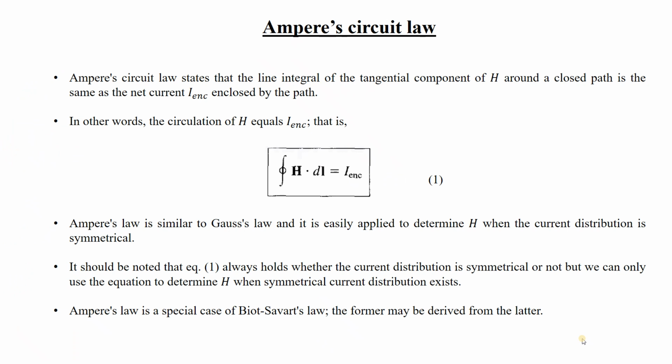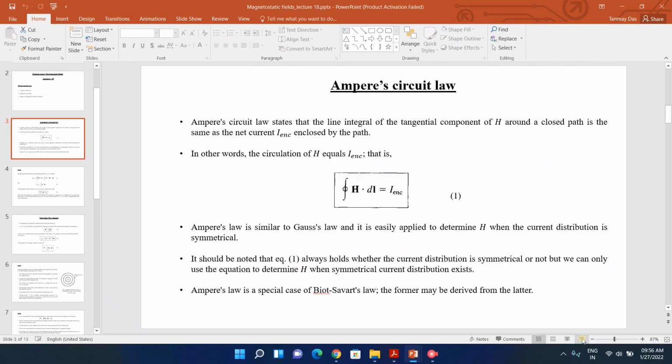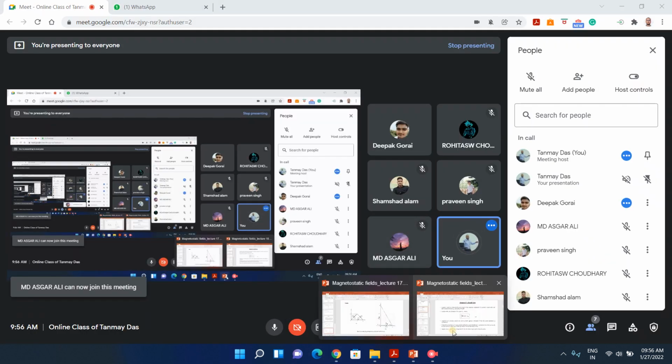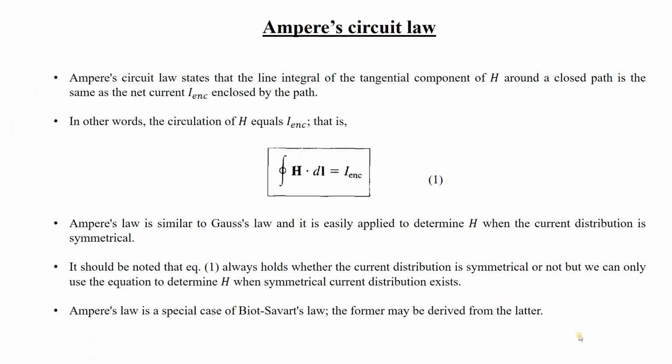It is related to magnetostatics itself: when there is a current flowing in a conductor, the conductor produces some magnetic field, which we have already seen in the previous lectures.